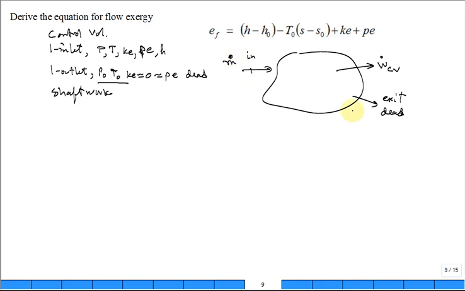It's coming in with m dot and leaving with m dot because it's steady state. So what flows in, flows out, and you want to produce as much shaft power coming out of this control volume as possible. You want to maximize this right here.